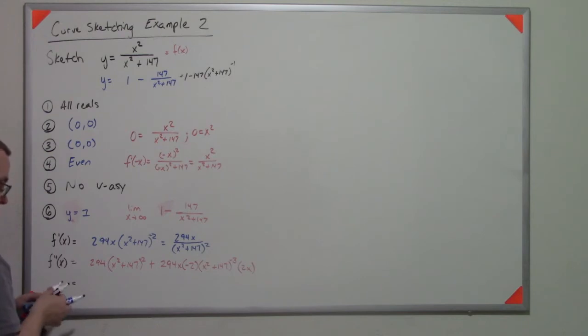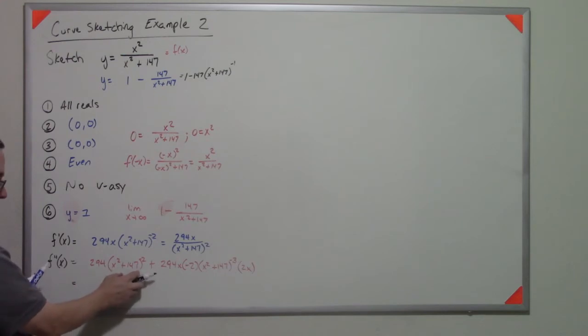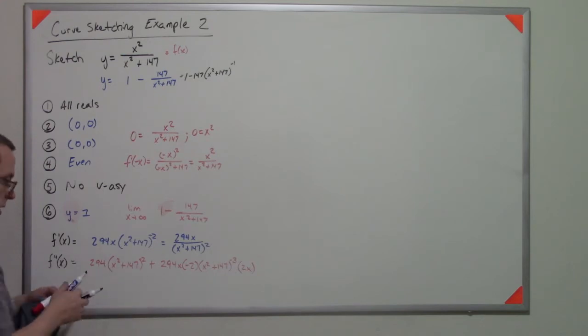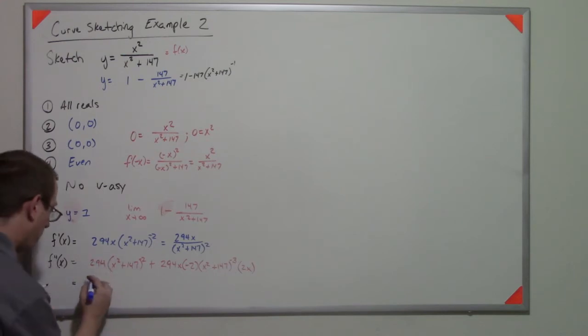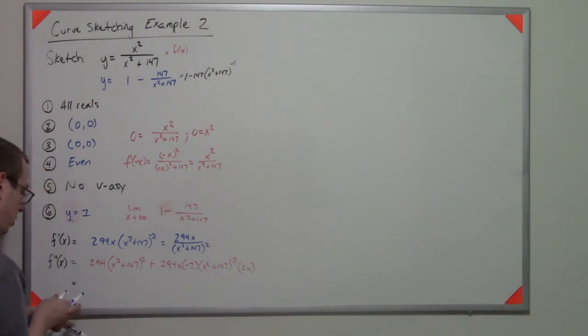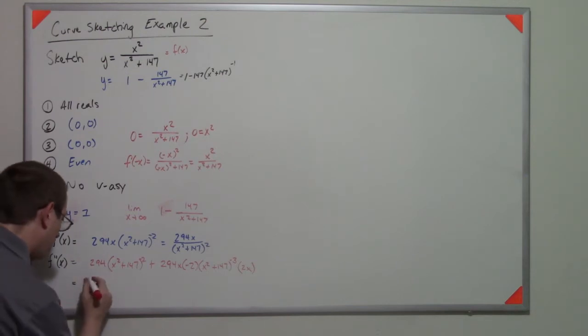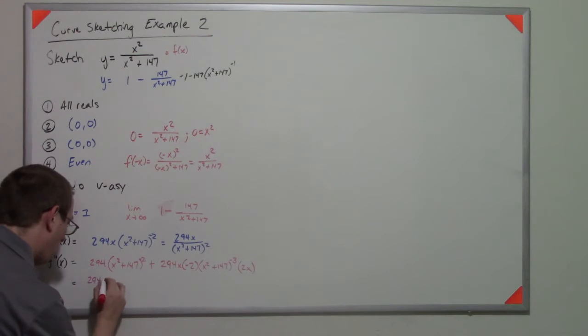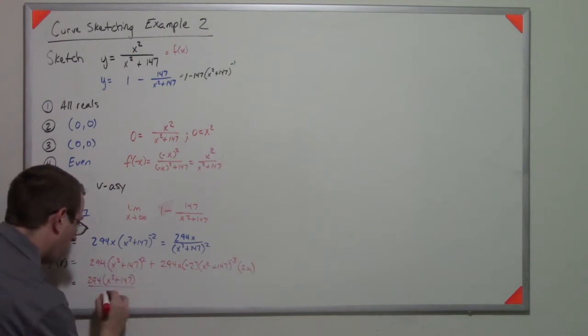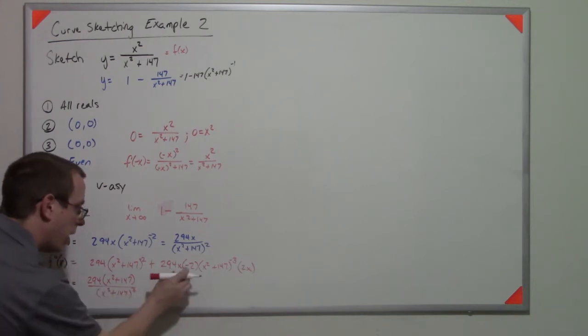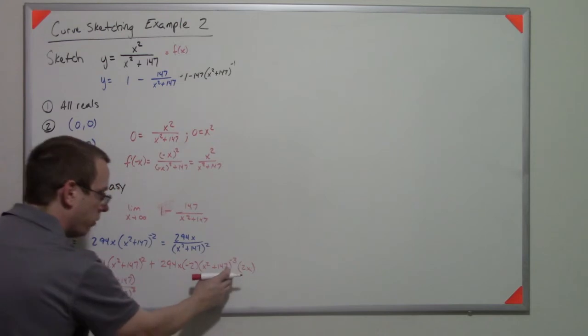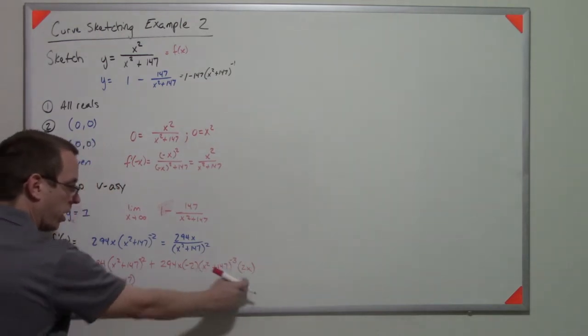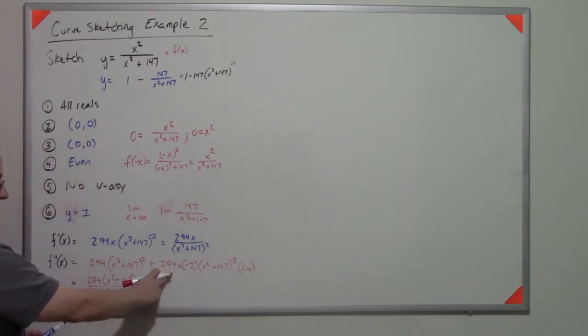So let's see, you're going to get a common denominator of (x squared plus 147) cubed, and you're going to need 294 times (x squared plus 147) over (x squared plus 147) cubed. And then in this case, you've already got that denominator, so you need to multiply all this out. So that was 294.